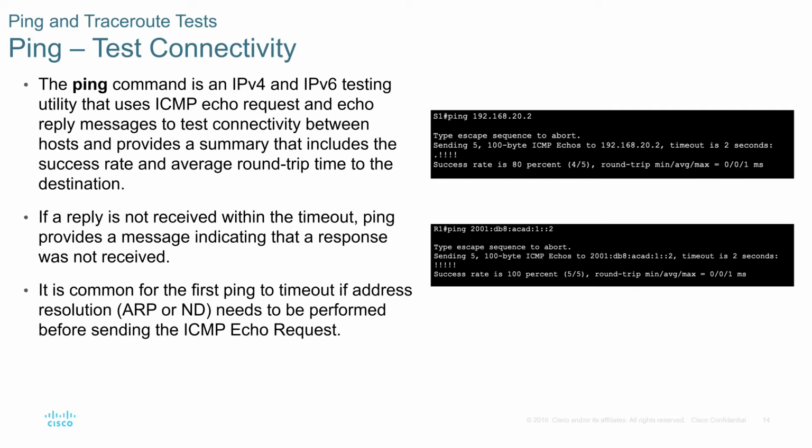The most common is the ping command, and it is an IPv4 and IPv6 testing utility that uses ICMP echo request and echo reply messages to test the connectivity between hosts and provides a summary that includes the success rate and average round trip time to the destination.